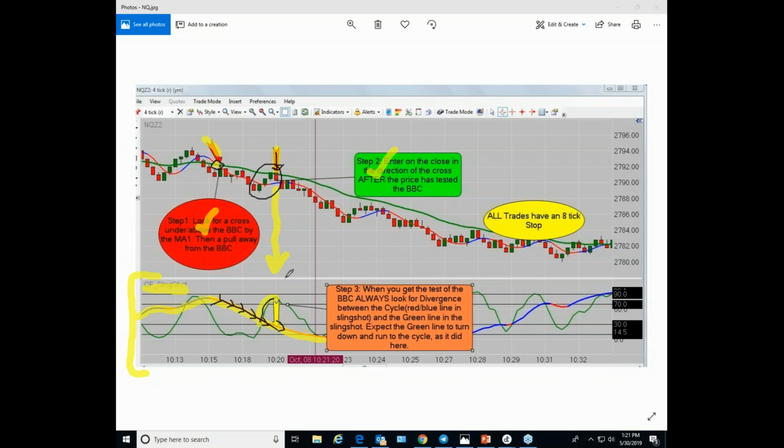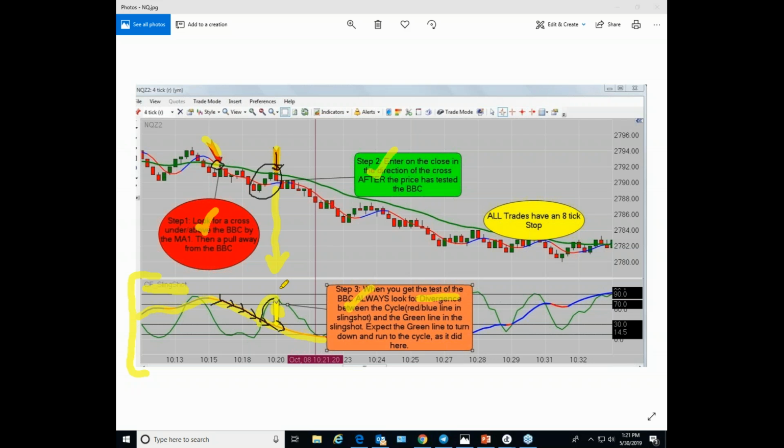With the green line pulling away along with the price action up here, which by the way is normal, this separation that's highlighted here is the divergence that Michael is talking about in the training room. So when this is present, step 1, step 2, and now step 3, we're going to go inside the DOM and get short.